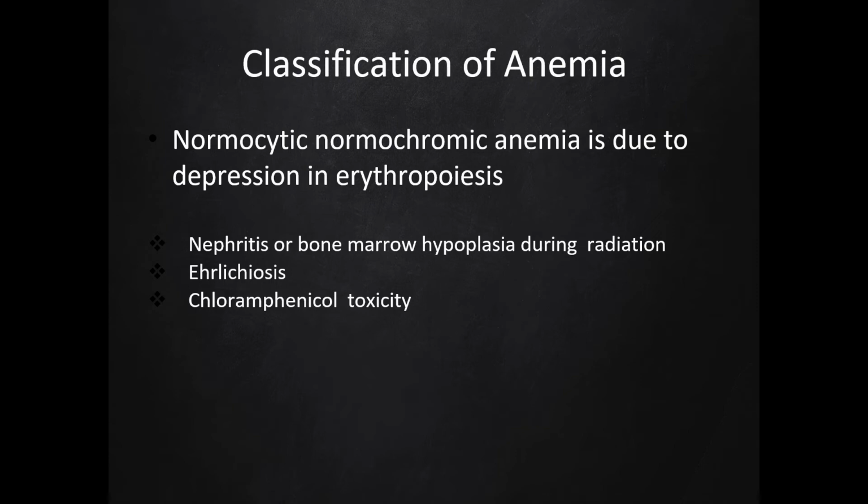Usually this phenomenon is caused by nephritis or inflammation of the nephron, bone marrow hypoplasia during radiation, and also diseases like ehrlichiosis and chloramphenicol toxicity. It can also be observed during acute hemorrhage after fluid volume has been restored and before regeneration occurs.